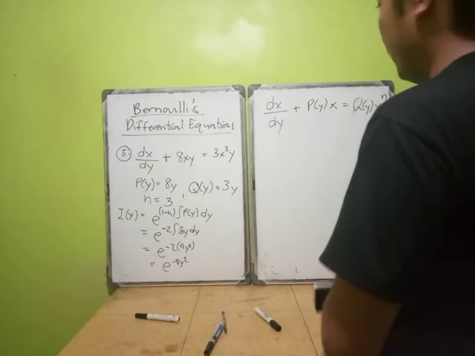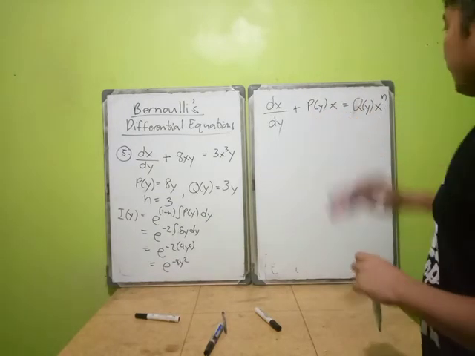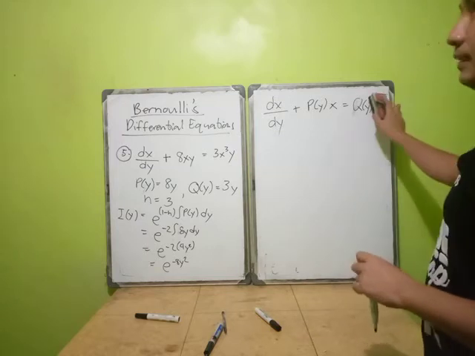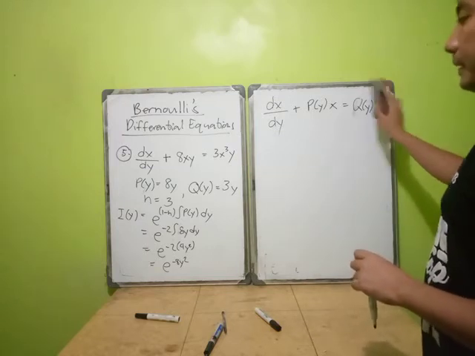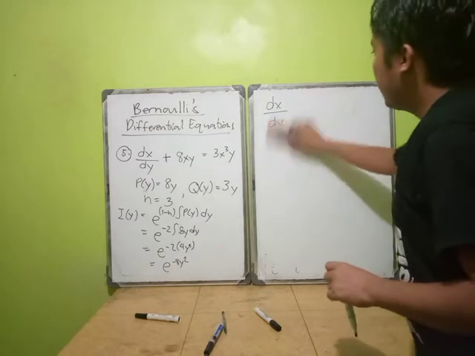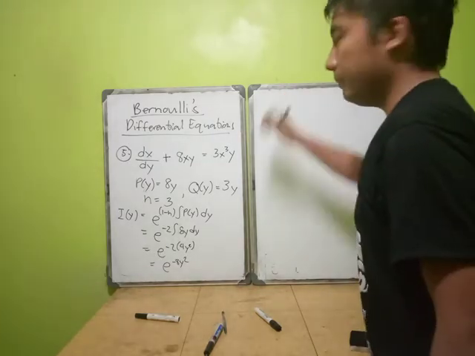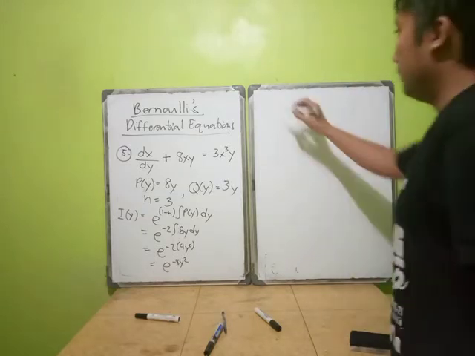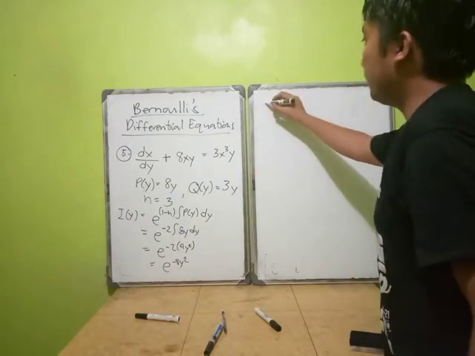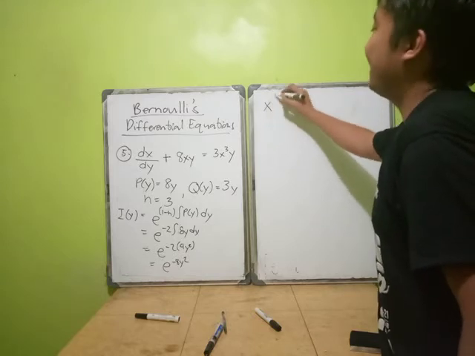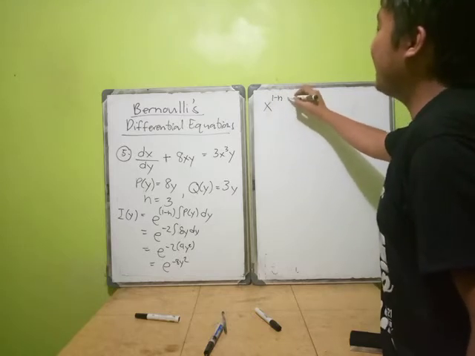Okay, so ano yung general solution kapag ganito yung forma? So, I will erase this kasi hindi ito kasama sa step-by-step solution natin. So, ganito yung mangyayari. Okay. Di ba meron tayong, okay, so ganito yung general formula niya. Hindi na y, x na. Okay, nagkapalit sila ng sitwasyon.